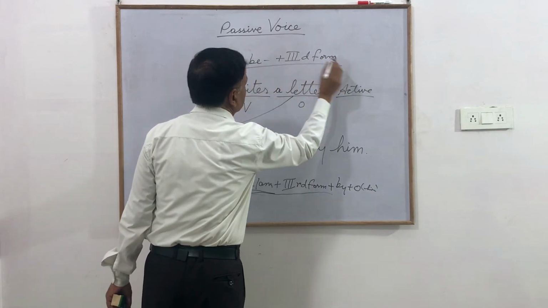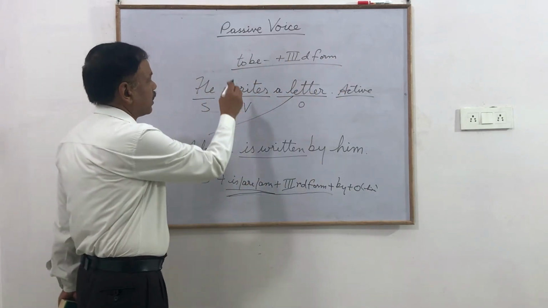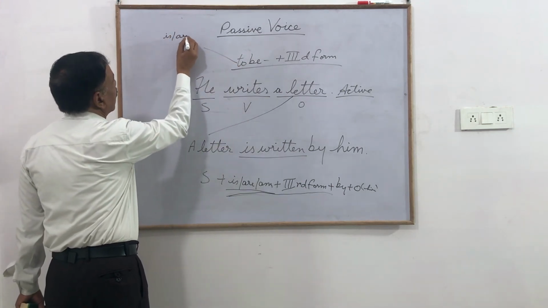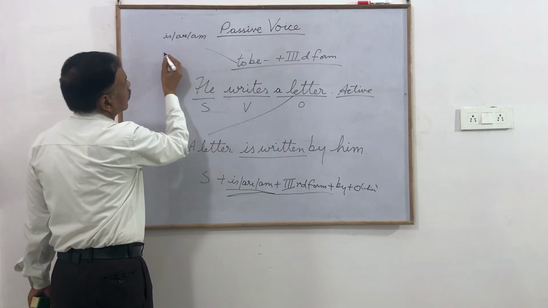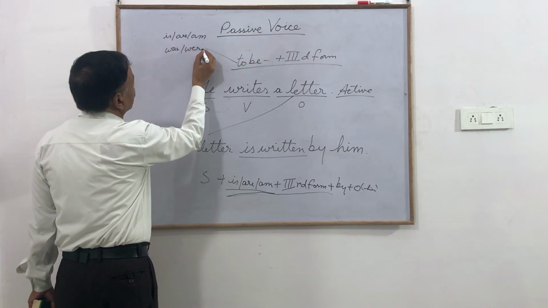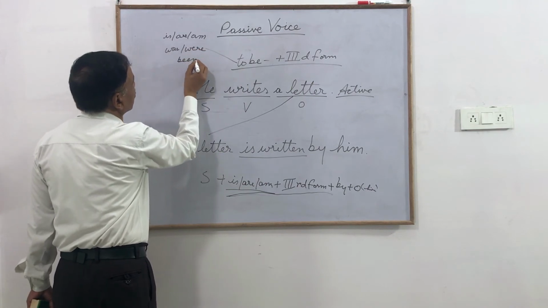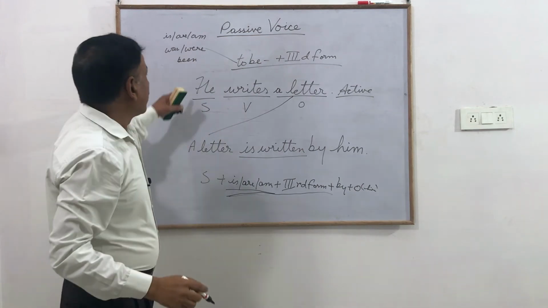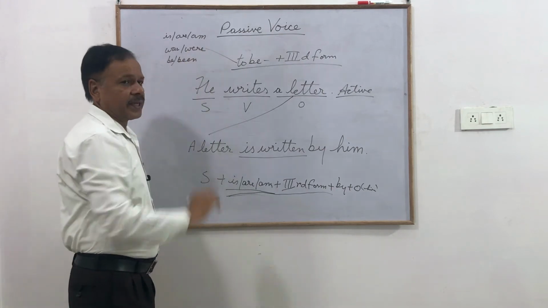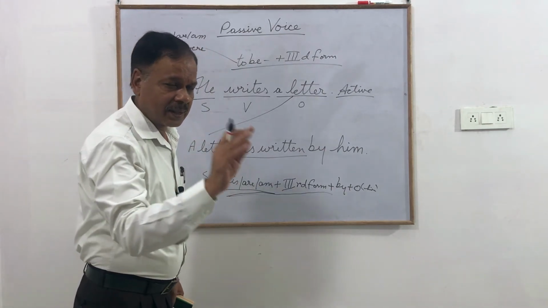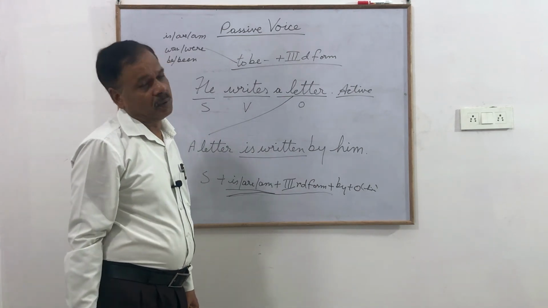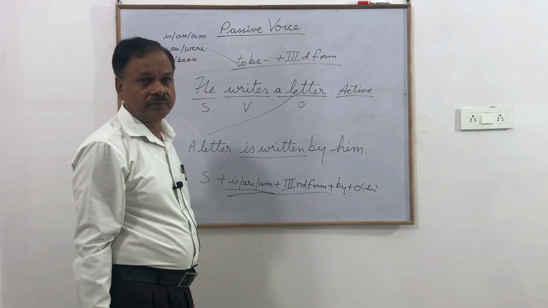You'll notice that the to be, that means to be is what? Is, are, am, then was, were, then been. So if any one of these are there in the sentence plus the third form, that means the sentence will be in the passive.